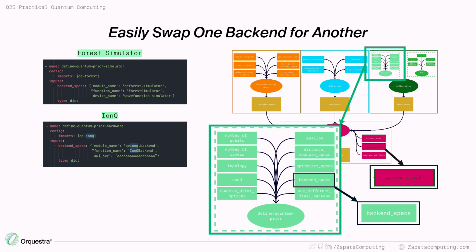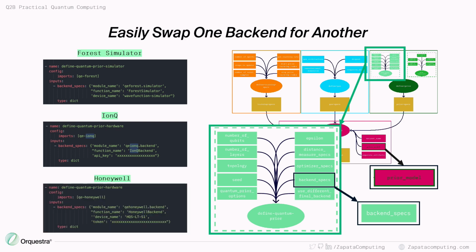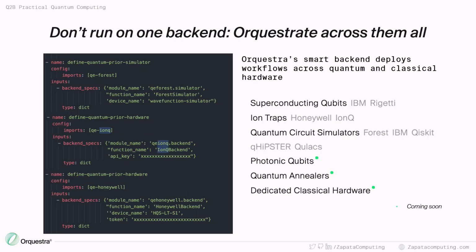And instead of getting the simulations in silico, you might get the runs directly from hardware. And why not, another backend that you might like to try is Honeywell. And again, it will take you only changing 2 lines of code in your workflow. So these are details of the prior that you can swap very easily and conveniently.